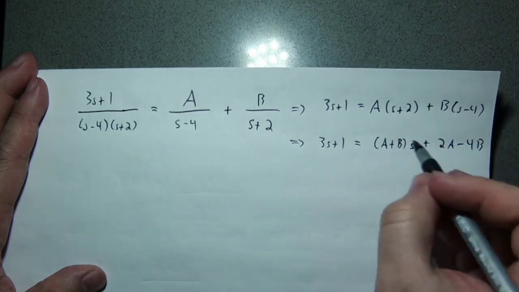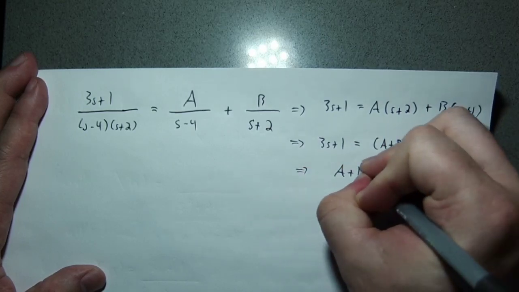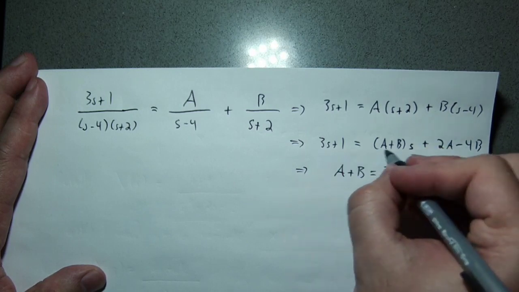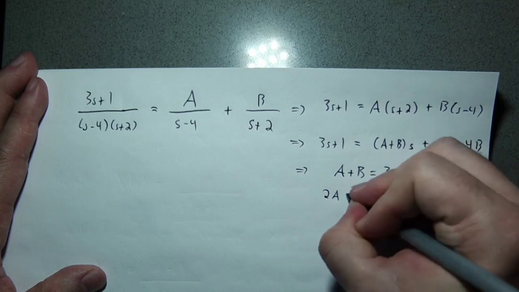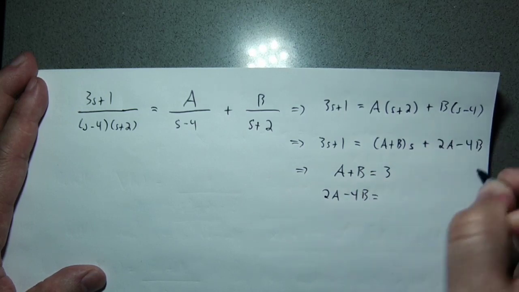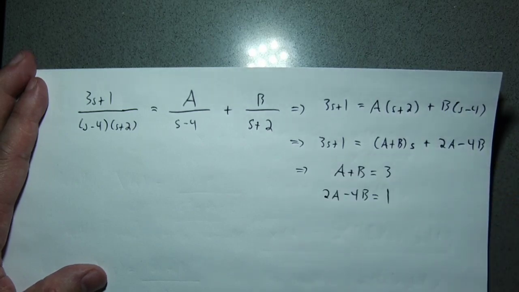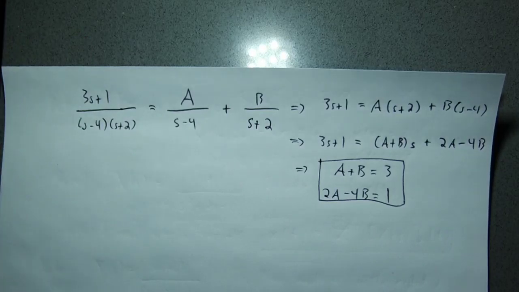From this I compare coefficients. So I get a system of equations: a plus b has to be equal to 3, since the coefficient on s is 3 here. And 2a minus 4b has to be equal to 1, right? The constant coefficient here has to equal the constant coefficient over here. So you get a system of equations that I can solve really quickly.